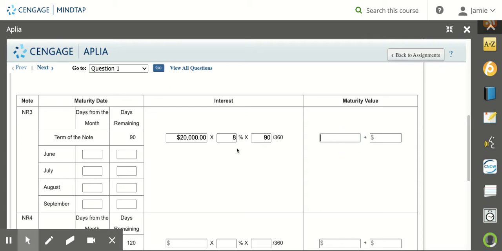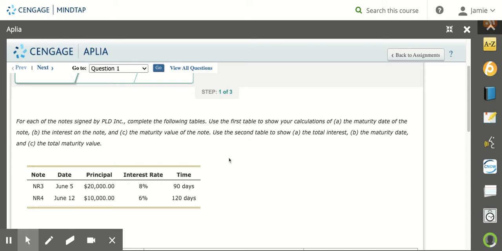To calculate our maturity value, we'll take our interest plus the principal. So first we need to calculate what our interest would be.